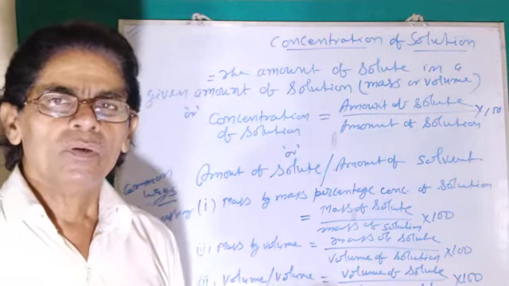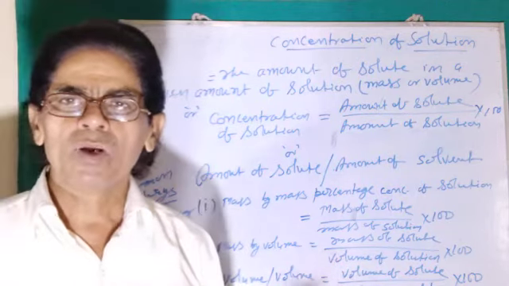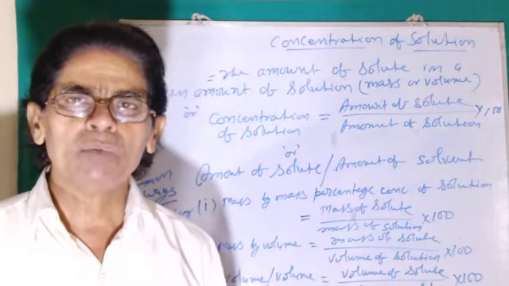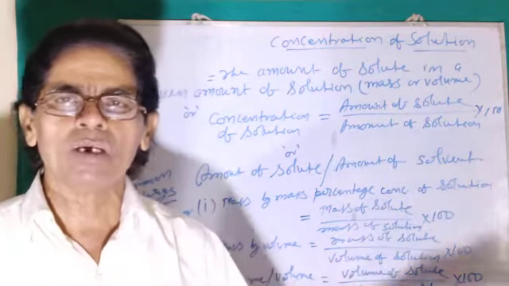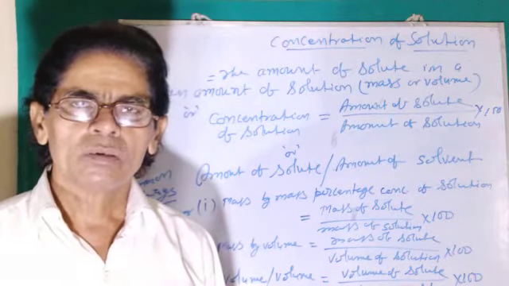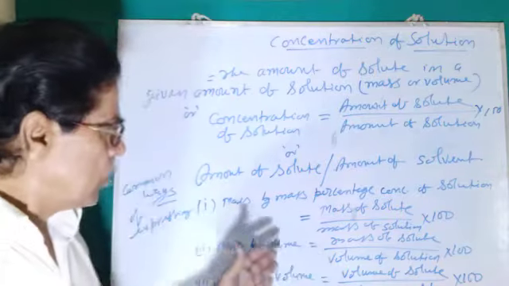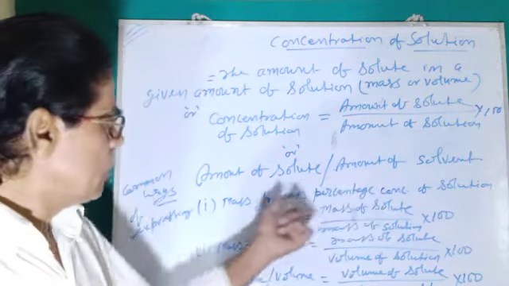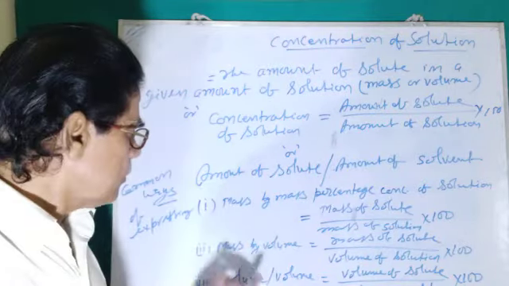If 50 gram of solute is present in 100 gram of solution, then it is called 50%, because 50 by 100 into 100 equals 50. So this is the percentage concentration mass by mass.